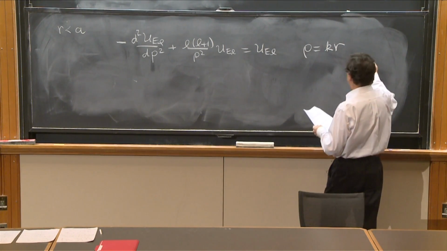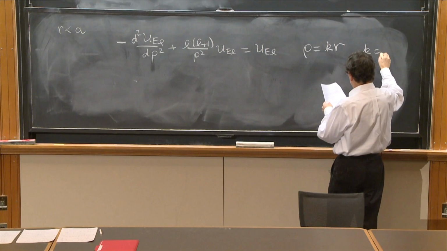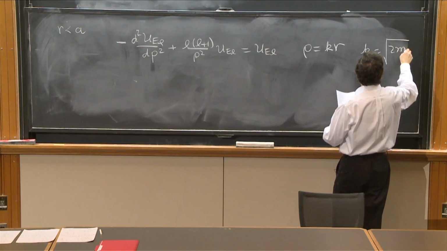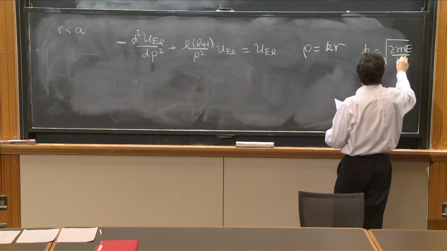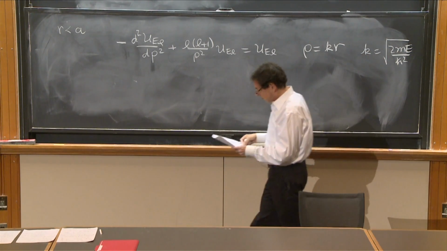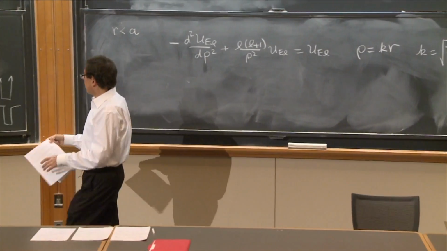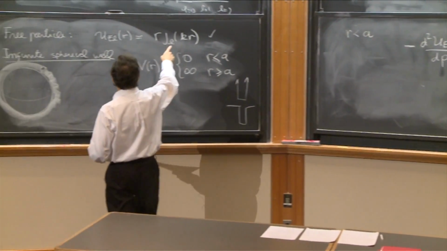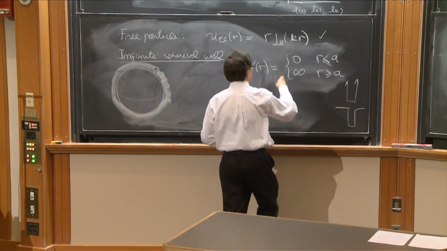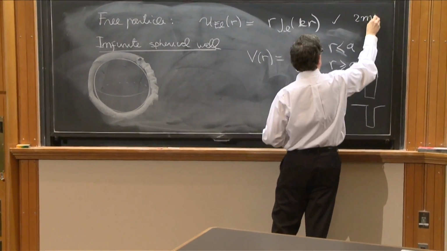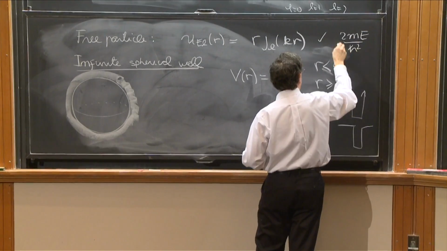And K, I'm sorry, I didn't write it. There is 2ME over H squared, as usual. So here, I didn't say what K was. That was 2ME over H squared.